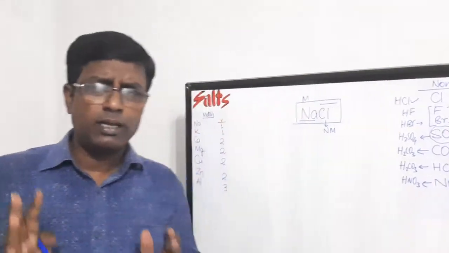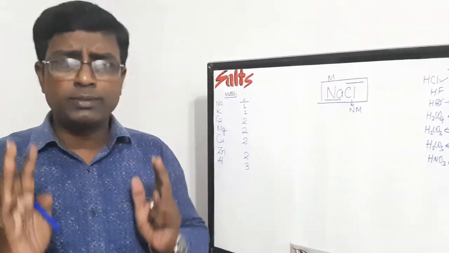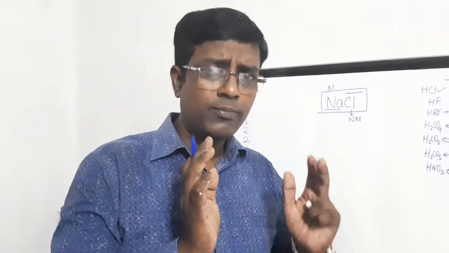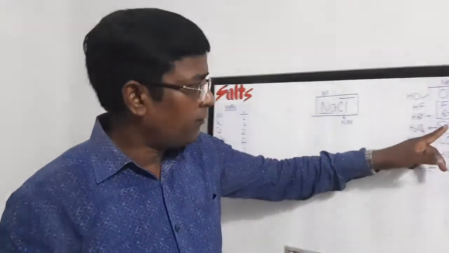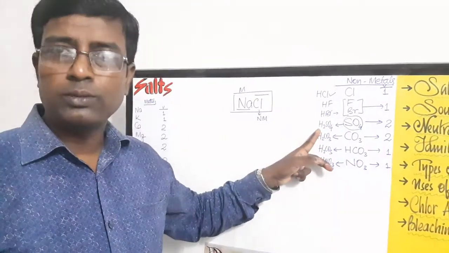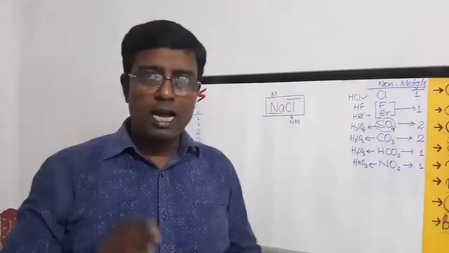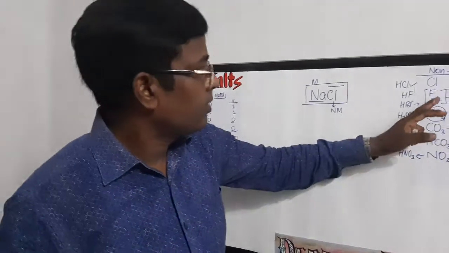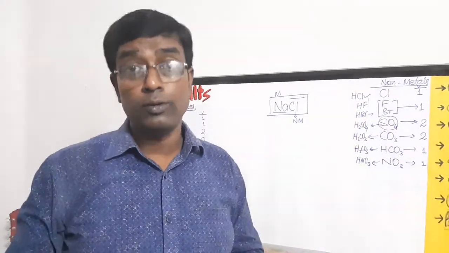Whenever in a salt some word like sulfate strikes, sodium sulfate, magnesium sulfate, calcium sulfate, correlate it to sulfuric acid. That sulfate ion belongs to sulfuric acid. Similarly, carbonate ion, how you can recognize carbonate, carbonic acid. Chloride ion basically belongs to hydrochloric acid.